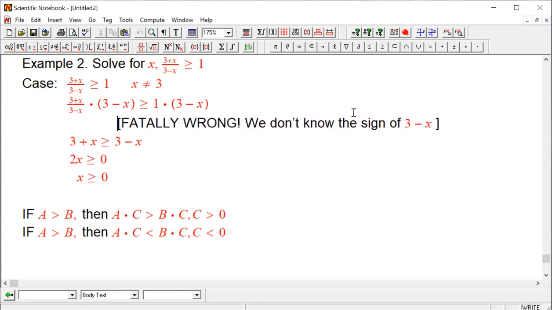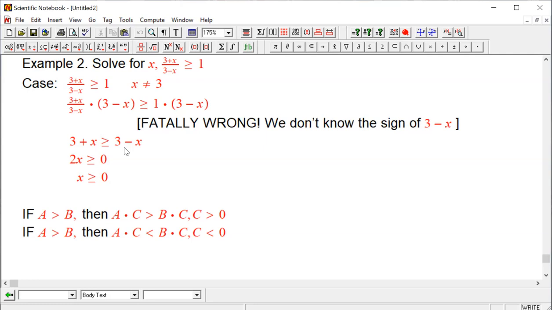This step is fatally wrong. And the rest is, of course, wrong. Don't do this. Because we don't know the sign of 3 minus x. If it's positive, you don't switch. If it's negative, you have to switch. Do we switch? We don't switch. That's where the fatal mistake happened.